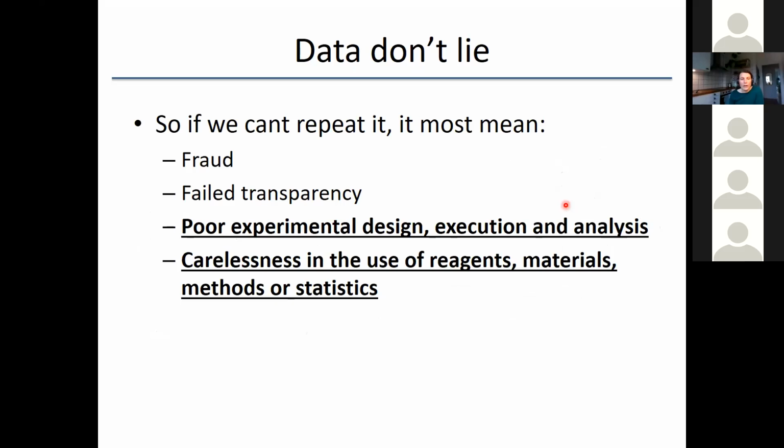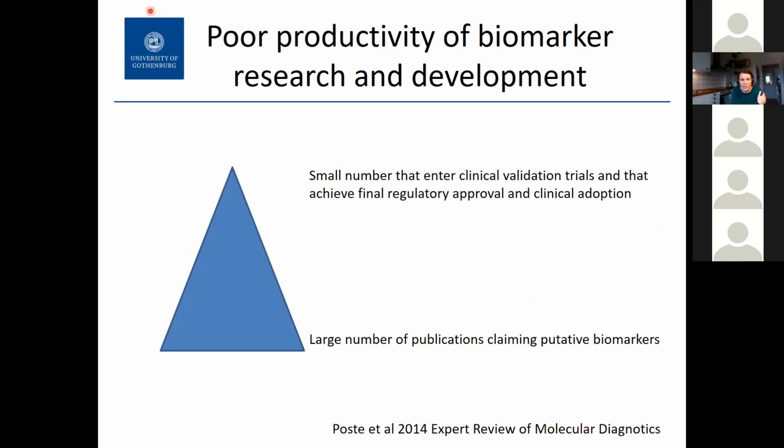So the final two points here. We've talked about the fraud, we talked about the failed transparency. Then what's left is the poor experimental design and carelessness using reagents and so on. In this paper, they talked about poor productivity of biomarker research and development.